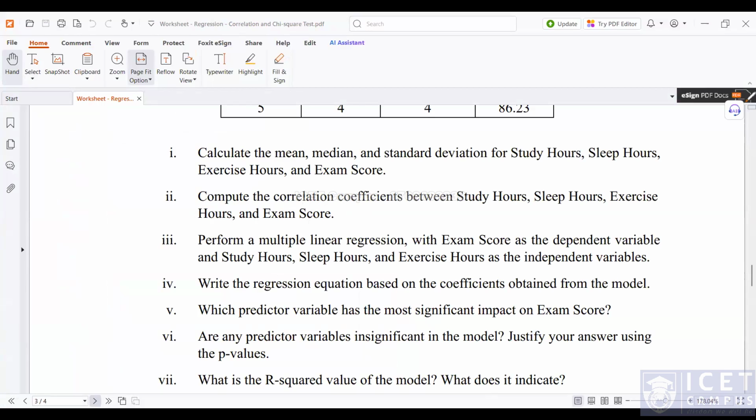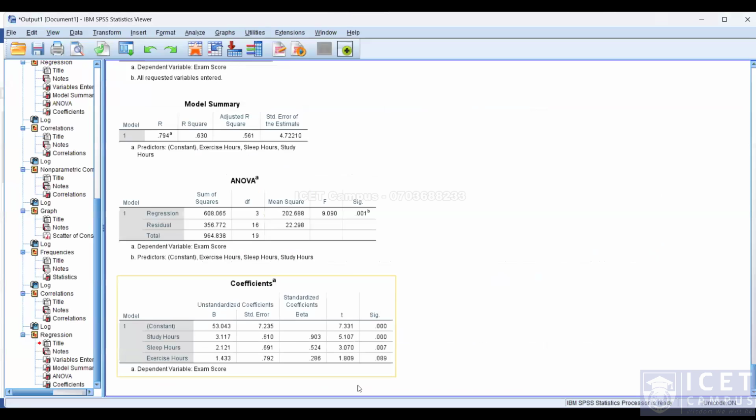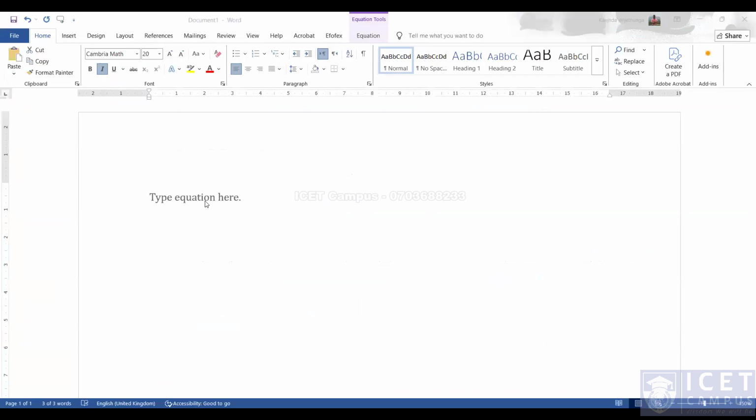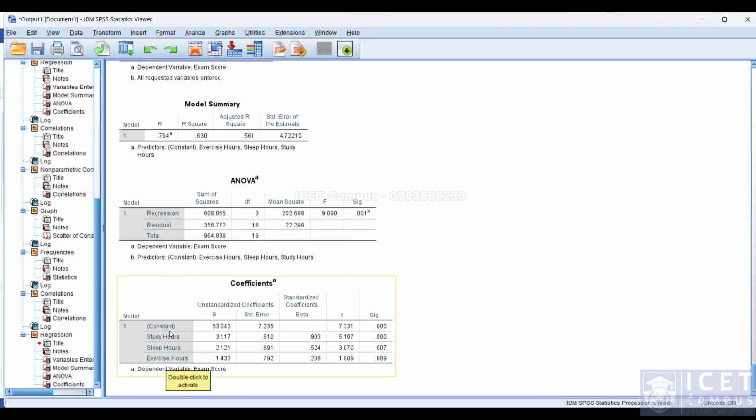I will write. Can write the equation. That is, dependent variable is exam score.